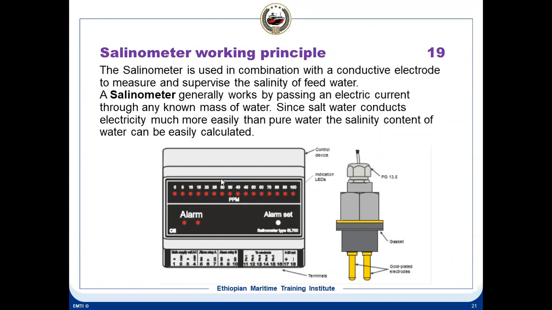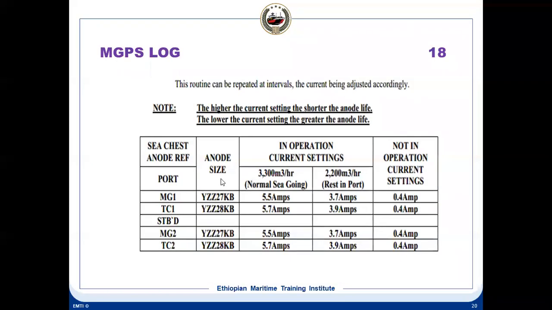So when we give the value of the current for the MGPS, we know the value according to the materials, yeah? Yes, this current setting is as per the manufacturer.